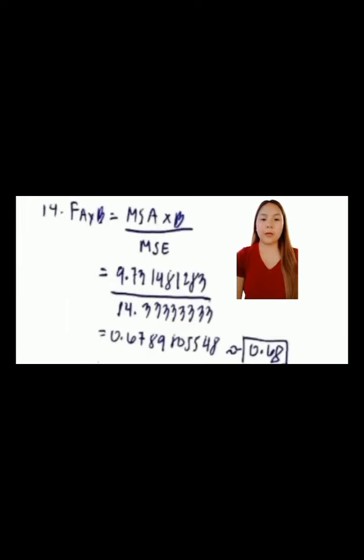Number 14, FAB equals mean square of factor A times B over MSE. So the mean square of factor A times B is 9.73148123 divided by 14.33333. The total is 0.6789805548, or 0.68.